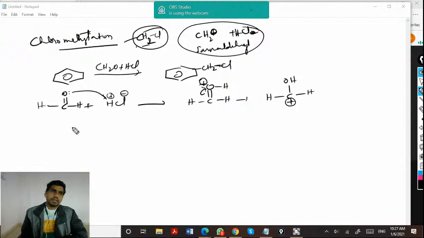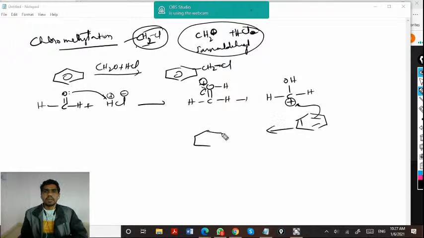Once the benzene system is available and this electrophile is available, it is going to attack, resulting in CH2 and OH. This is a positive charge.